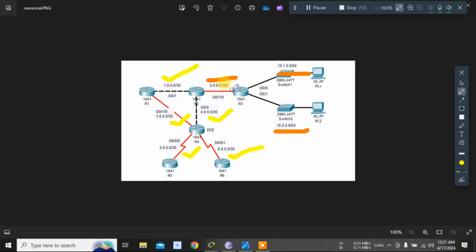But remember that all are connected via this gigabit Ethernet 0/1/0.